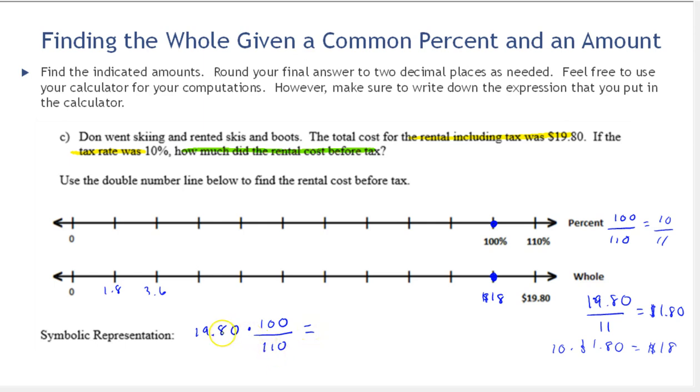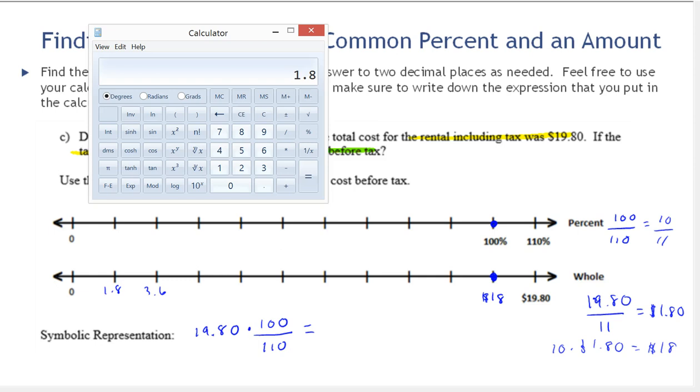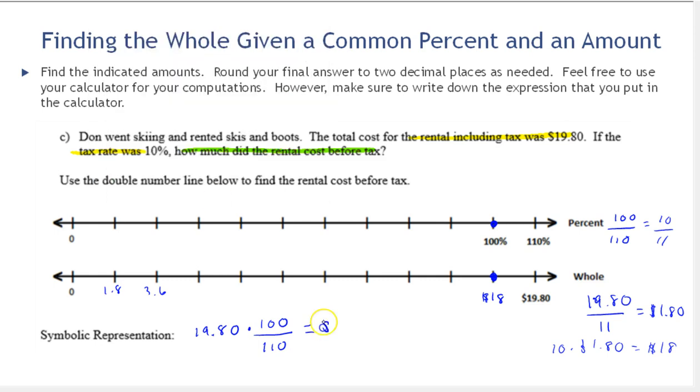This divides the 1980 into 110 pieces to find 1%. This multiplies by 100 to find 100%. Let's do this on the calculator, and we use simplified fractions here, which is fine, but if you're going to go symbolically, you can just use this amount. So 19.8 times 100 divided by 110. And we get our result of $18.